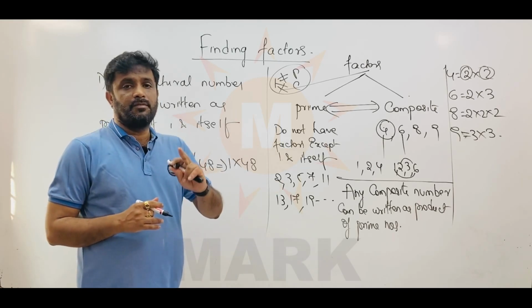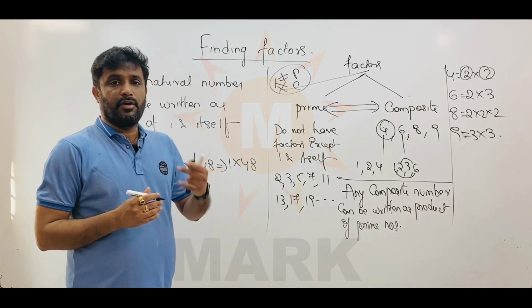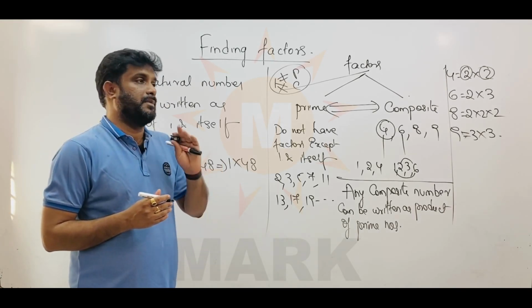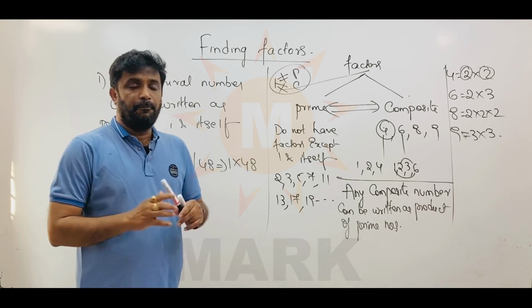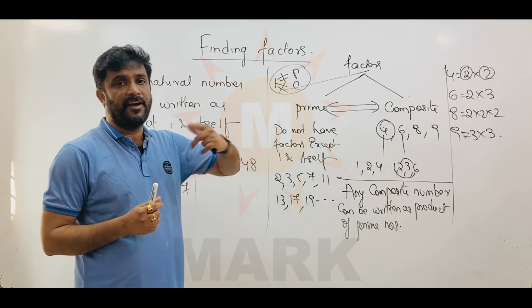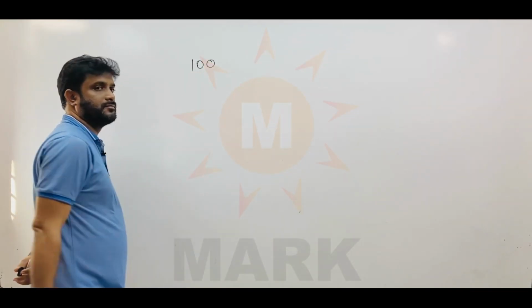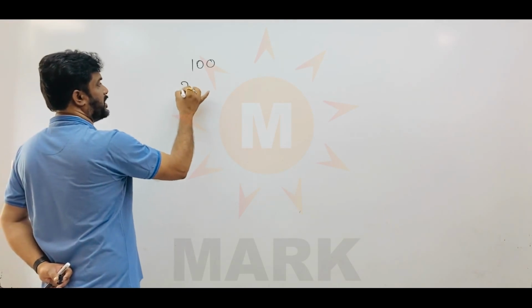If it is a composite number, we can definitely write it as a product of 2 or more prime numbers. So this is the basic point that we should know before solving problems based on finding factors of a number. Suppose we take a composite number called 100. So 100 can be written as 2 into 50.